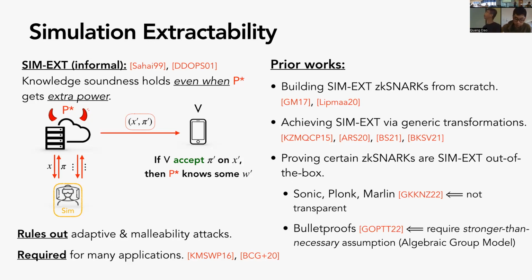Now, these works either deal with SNARKs that are not so-called transparent, which means that they need some sort of trusted setup with some trapdoor that must be dealt with, or in the case of Bulletproofs, which is transparent, meaning there's no trapdoors, they require working in the algebraic group model, which morally should be a stronger than necessary assumption. We only expect Bulletproofs to satisfy security, assuming just discrete log and the random oracle.